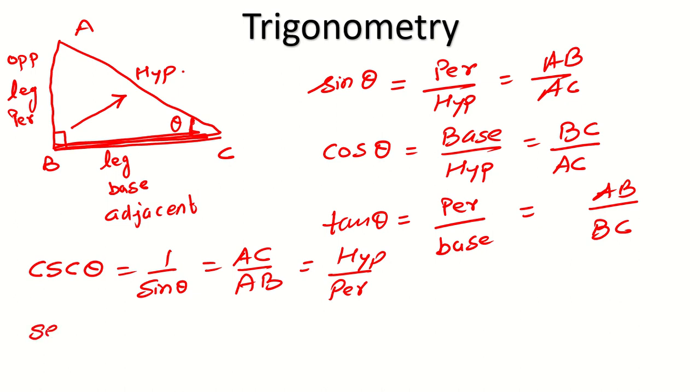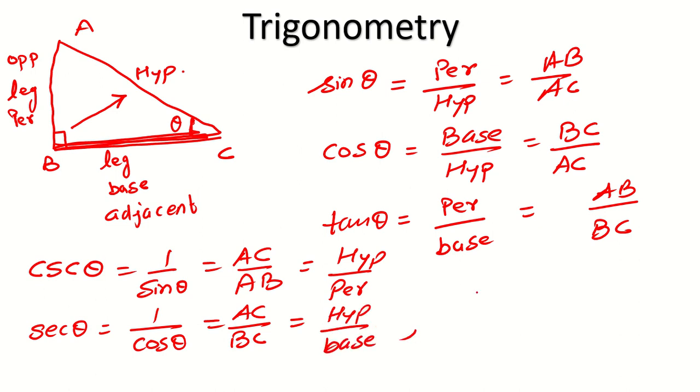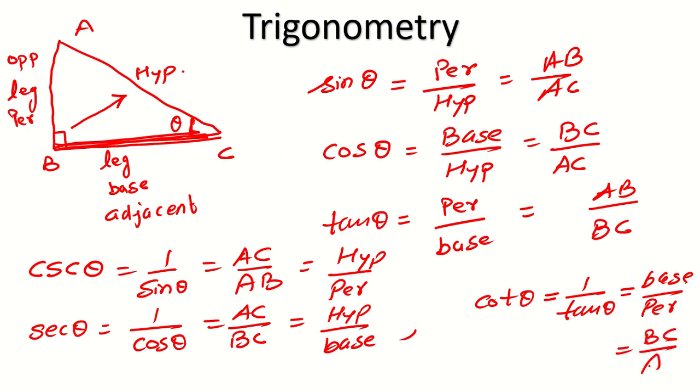Then another function will be sec theta, secant, the reciprocal of cosine theta, and its value will be AC divided by BC, which is hypotenuse over base. And the last one will be cotangent theta, cot theta, equal to 1 over tan theta. This is the reciprocal of tan theta, so it will be base divided by perpendicular, which from that triangle is BC over AB.